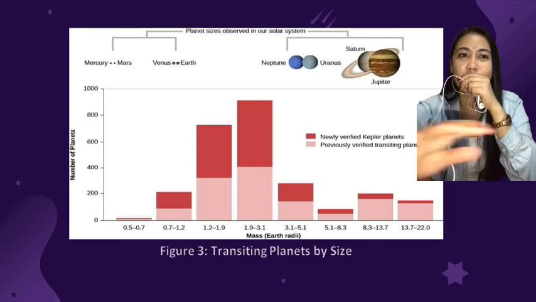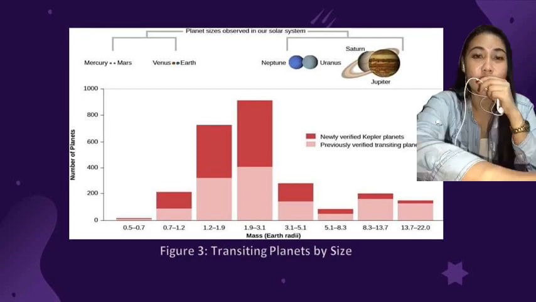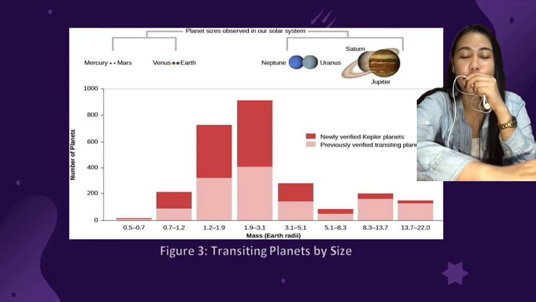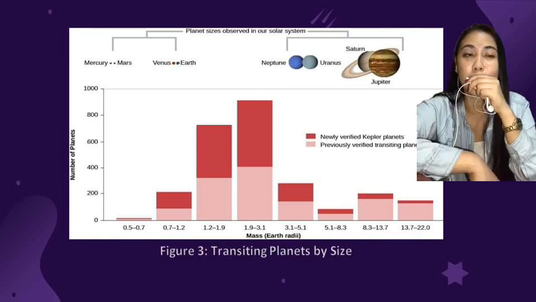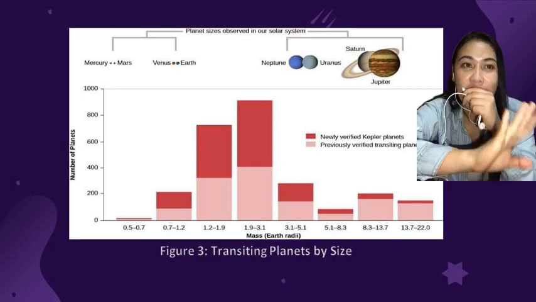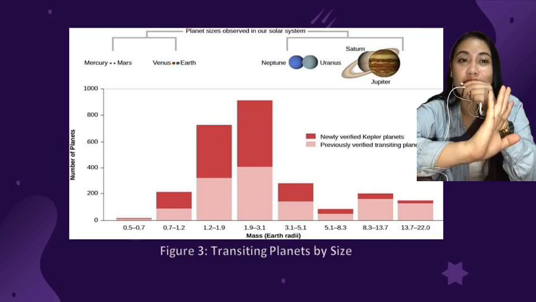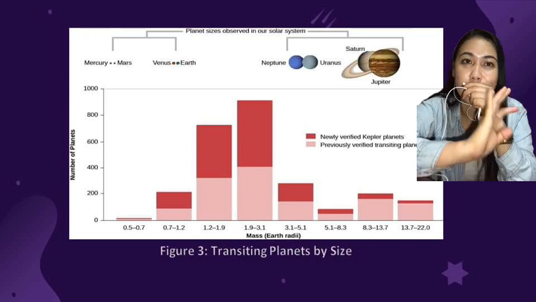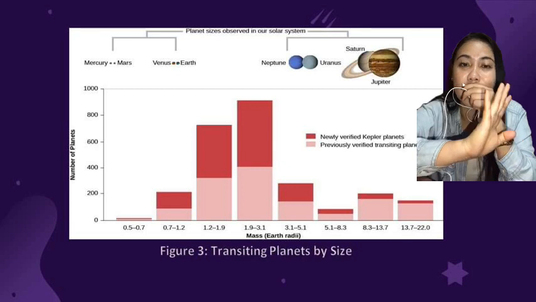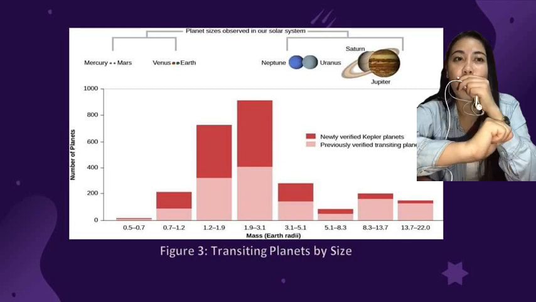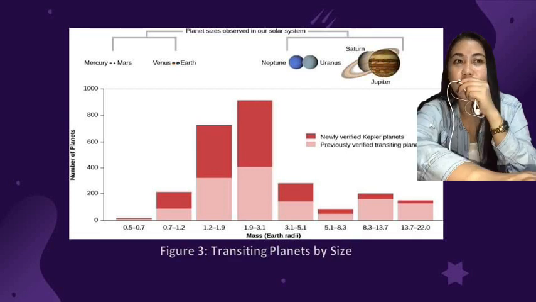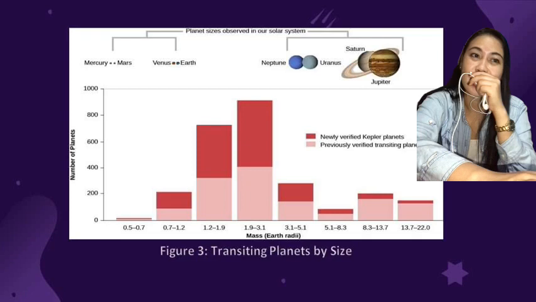So this bar graph shows the planets found so far using this method, the vast majority found by the Kepler mission, and the orange part of each bar indicates the planets announced by the Kepler team in May 2016. Note that the largest number of planets found so far are in a category that we don't have in our own solar system: planets whose size is between Earth's and Neptune's.